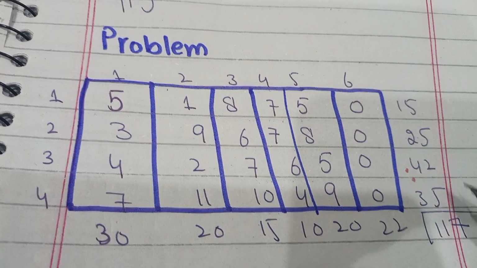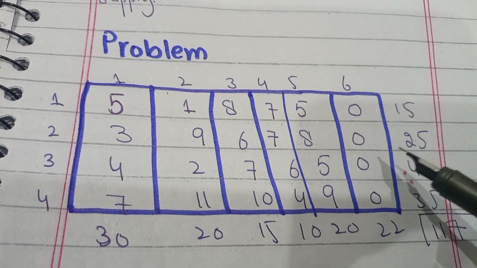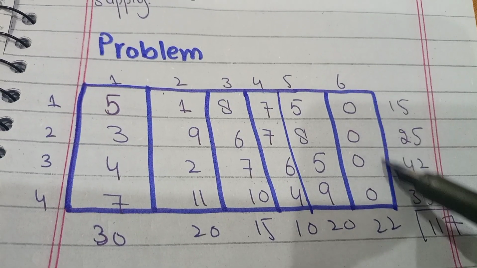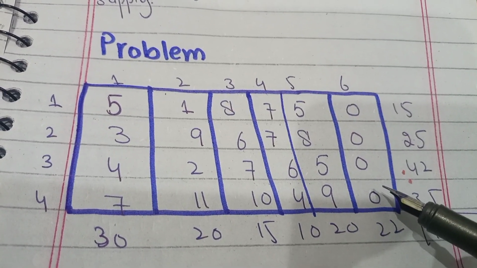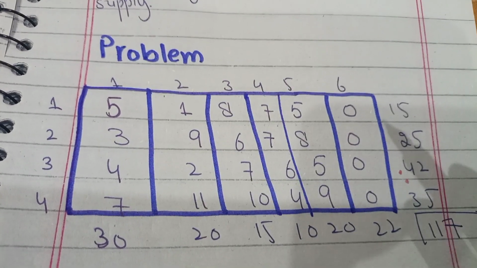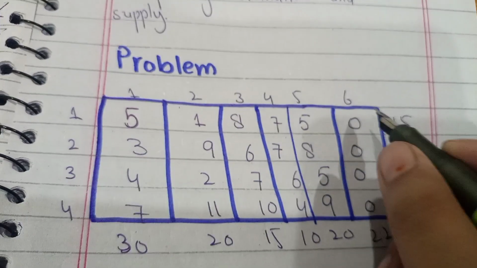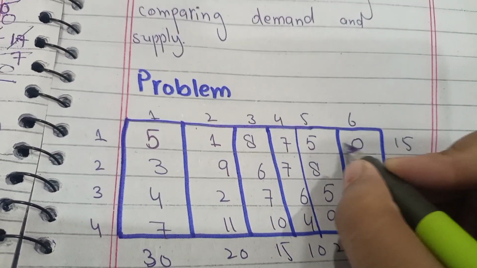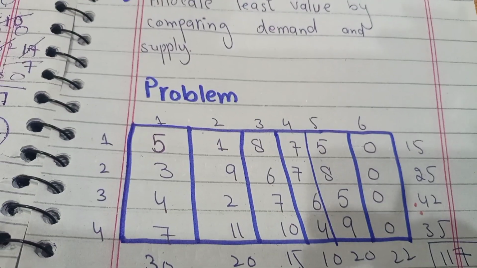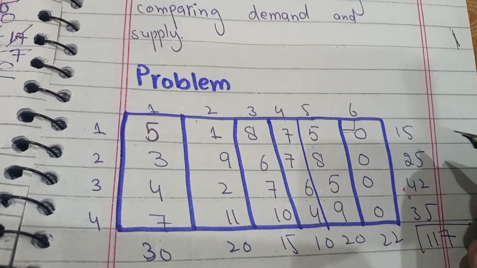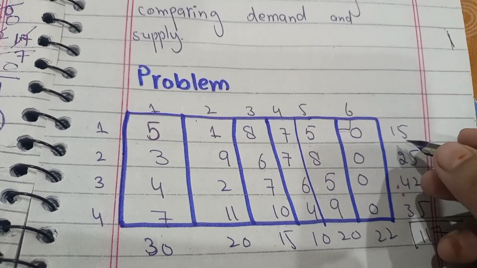Now we will choose the least number in the whole cost matrix. The 0 is the least value in the whole matrix. Now we will just choose one cell to allocate the numbers. Let's say 0. With respect to 0, demand is 22 and supply is 15.